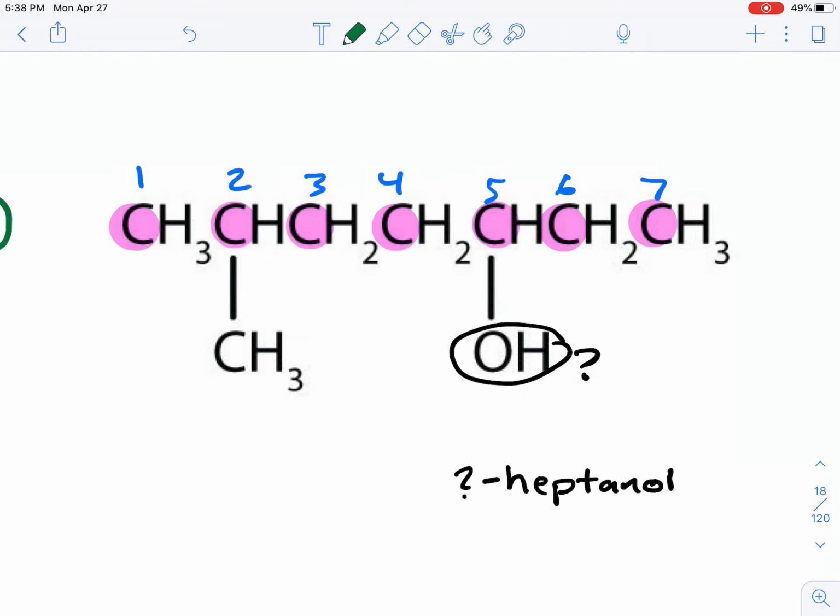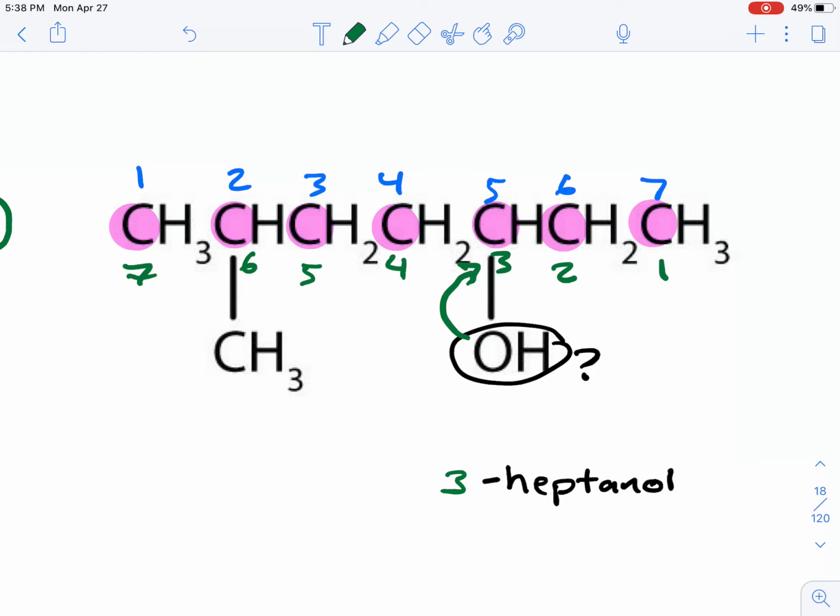If I go from right to left, I have 1, 2, 3, 4, 5, 6, 7. And so it looks like my alcohol is on the 3rd carbon. It's covalently bonded on the 3rd carbon. So I'm going to erase this question mark and put in 3. So this is 3-heptanol. And that's going to completely describe my parent chain.